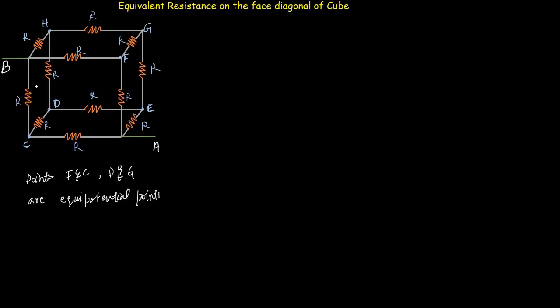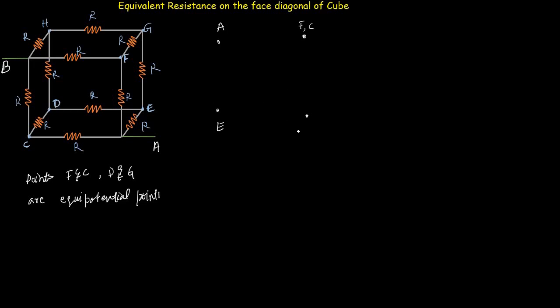Now let's redraw the simplified version of this network. Let's say this point represents point A, and this point represents point E. Now this point represents points F and C, because these 2 points are equipotential points. And this point represents points G and D, because these 2 points are equipotential points.